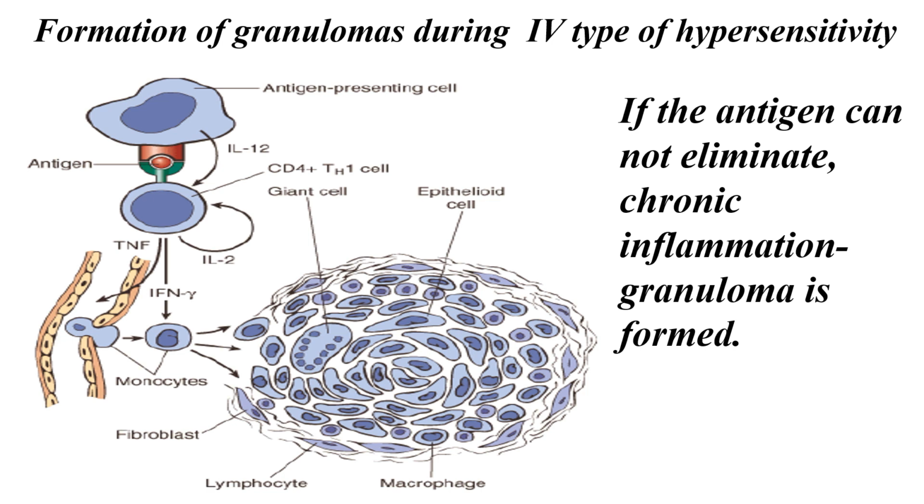The granuloma in the center shows several multinucleated giant cells. These are the events that give rise to the formation of granulomas in type 4 hypersensitive reaction. Note the role played by T cell derived cytokines.